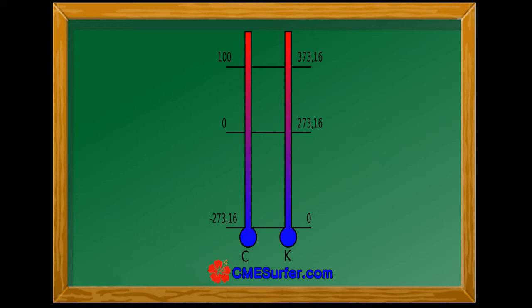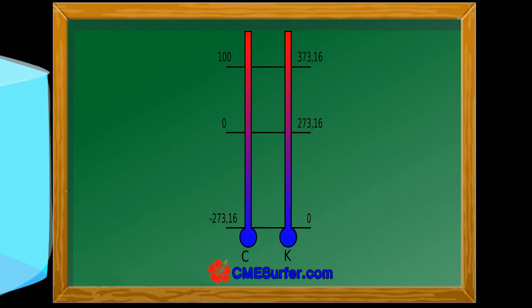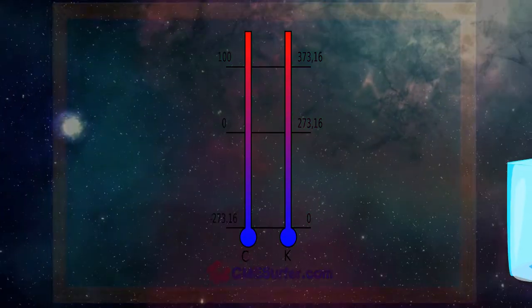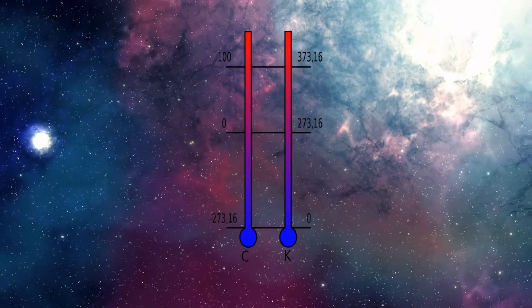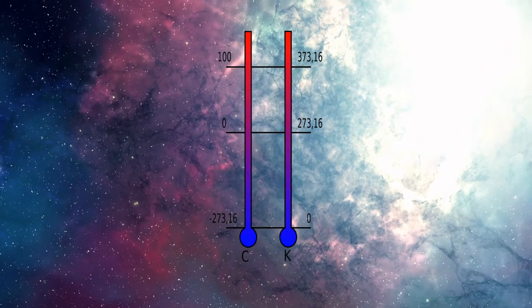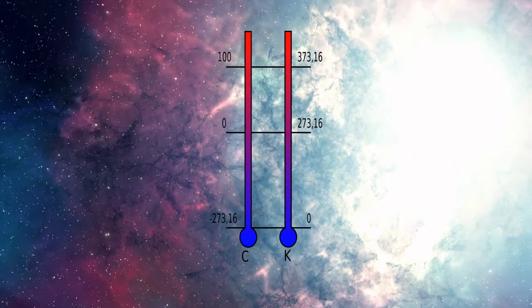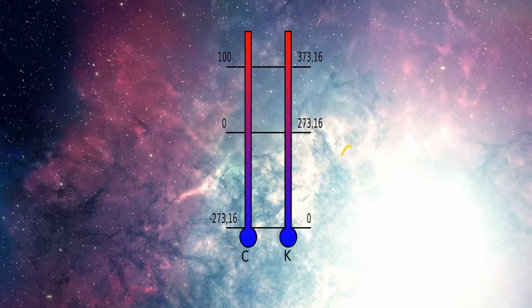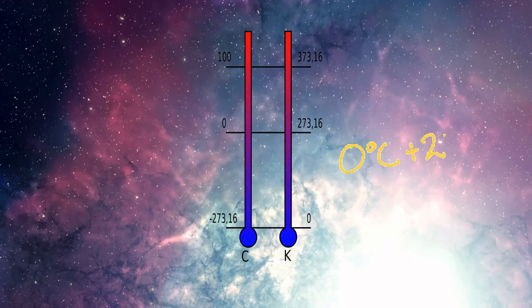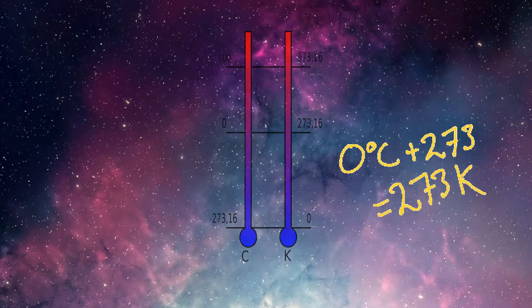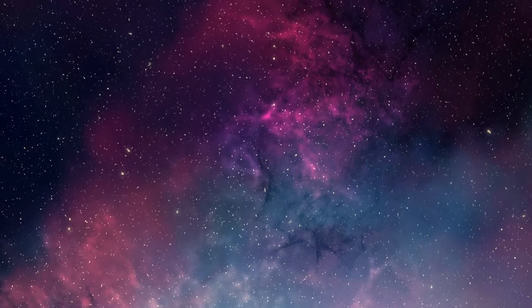In the Celsius scale, 0 degrees is the temperature at which pure water freezes, and in the Kelvin scale, 0 degrees refers to absolute zero, which is the temperature at which particles of matter are practically motionless. So because 0 Kelvin is about negative 273 degrees Celsius, the conversion between the two amounts to simply adding 273 to any temperature expressed in degrees Celsius.